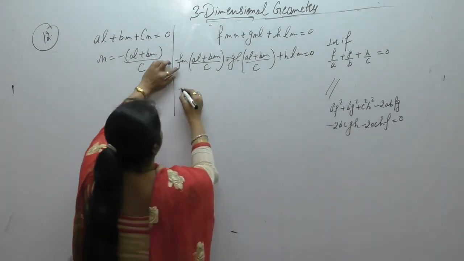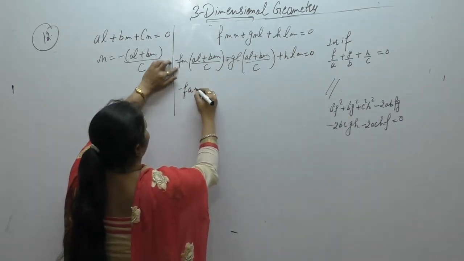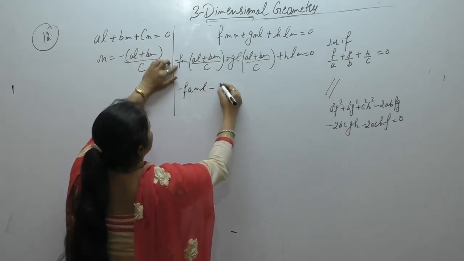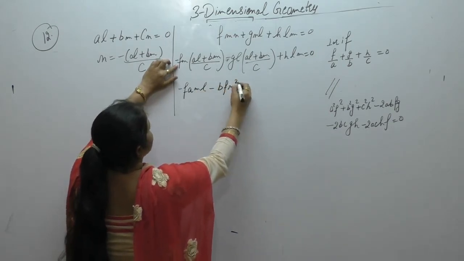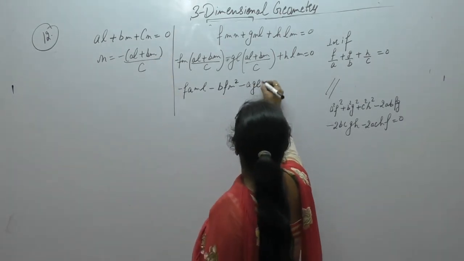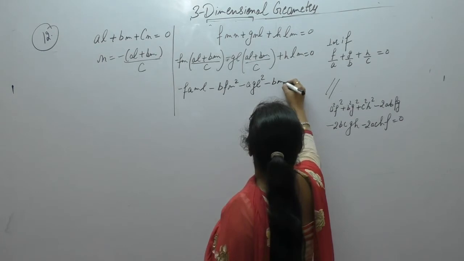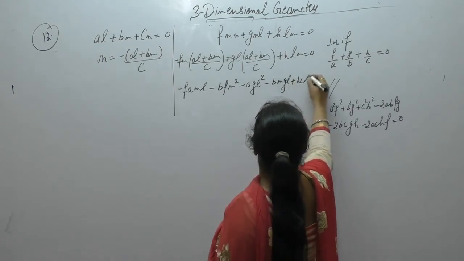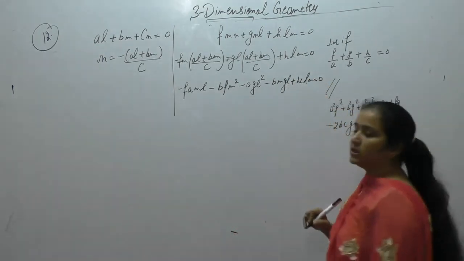Solve this equation. Minus FAML minus BFM squared, taking the LCM with C, minus AGL squared minus BMGL plus HCLM equals 0.